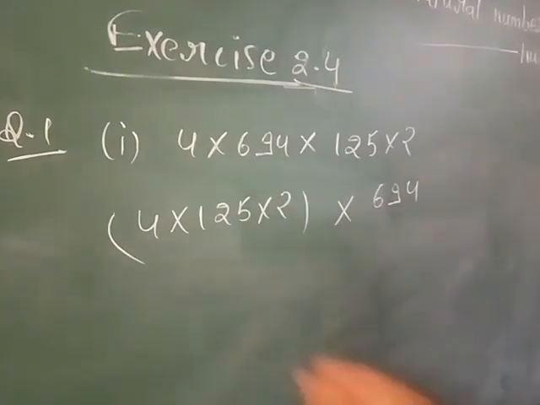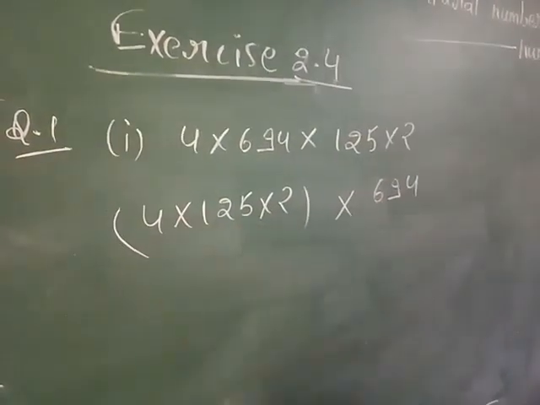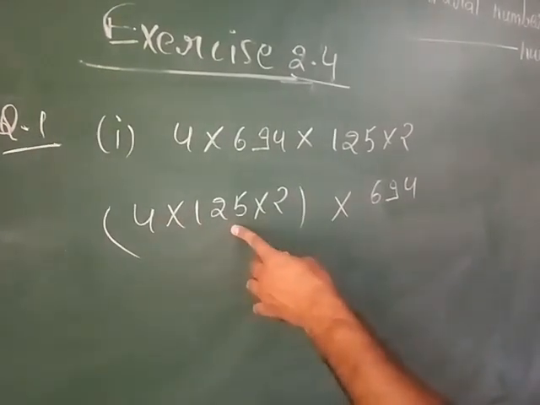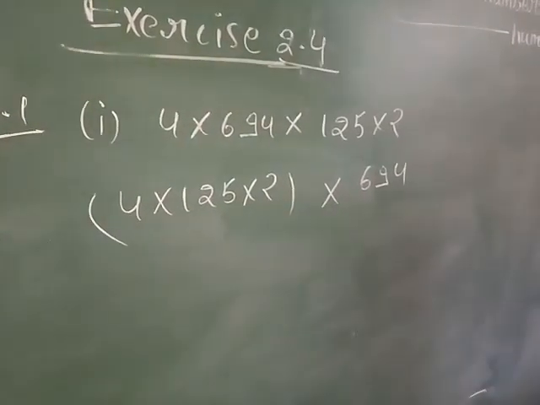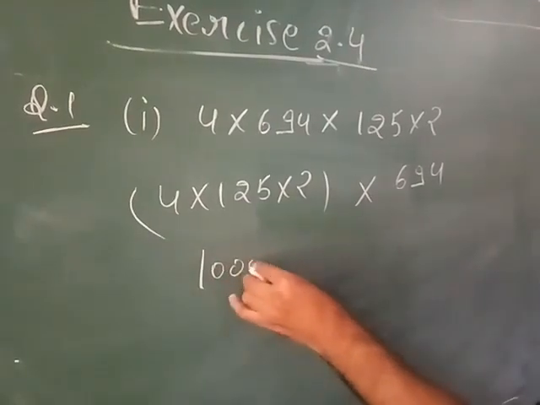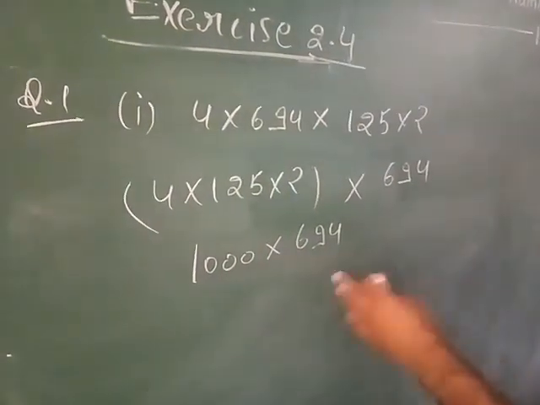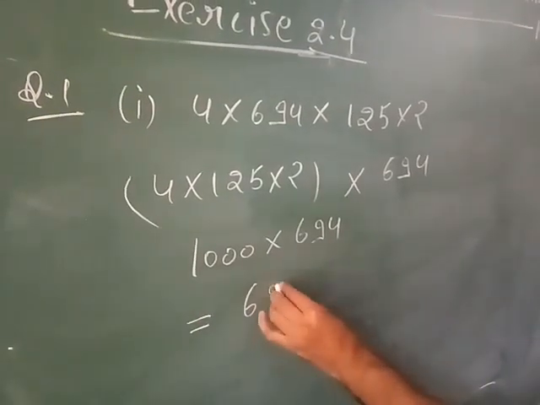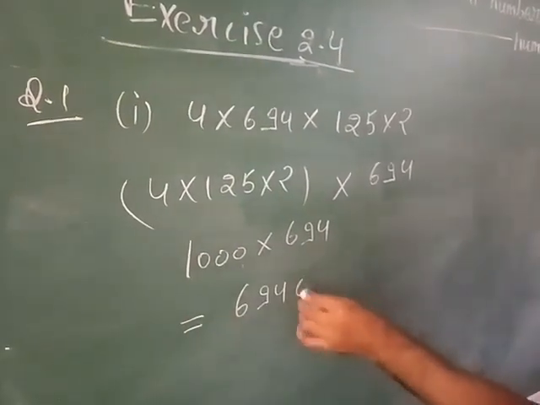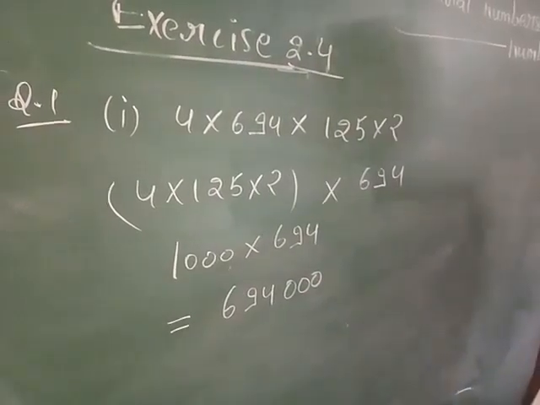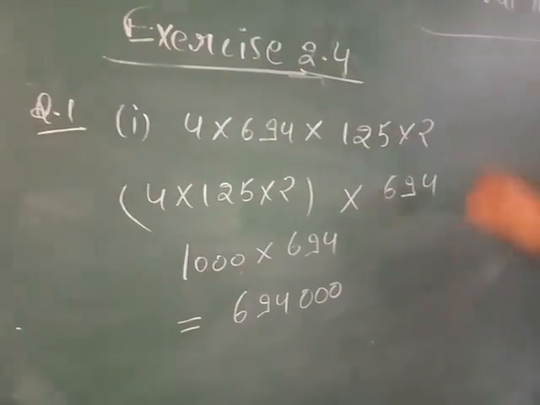As you can see, when 125 is multiplied by 4, it's 500, and 500 multiplied by 2 will be 1000. So 694,000. Now this is so easy to calculate.